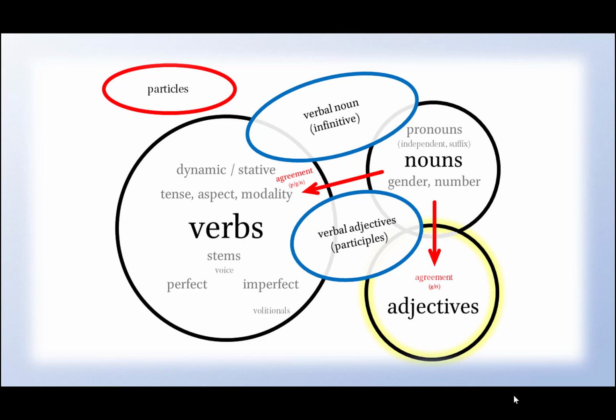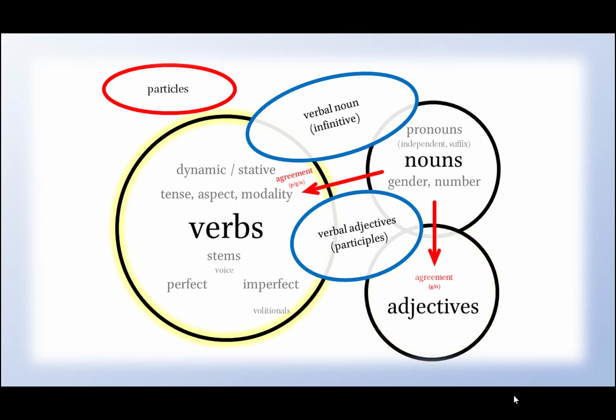Along with that is the red agreement word on the screen and the little G/N. The meaning of this is that nouns require gender and number agreement from the adjectives that are associated with them. So we should expect there to be inflections on adjectives that will signal this agreement.